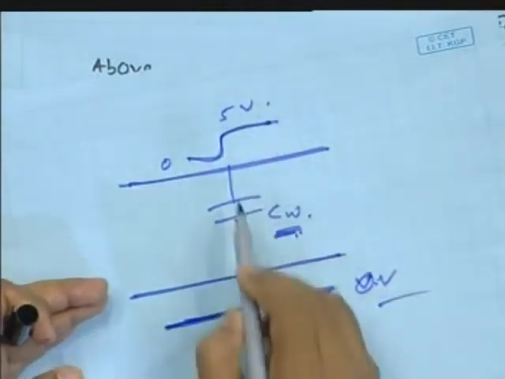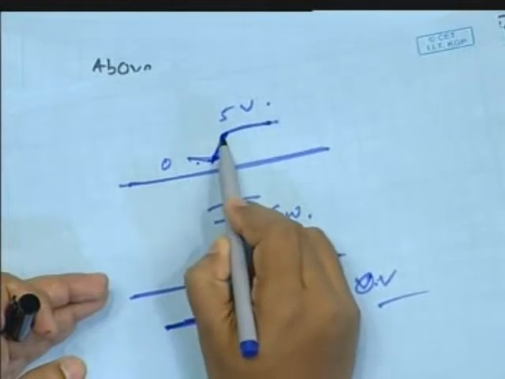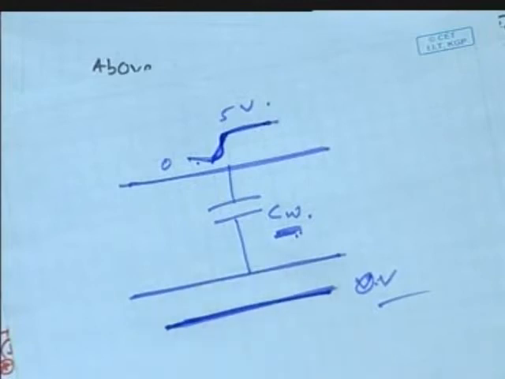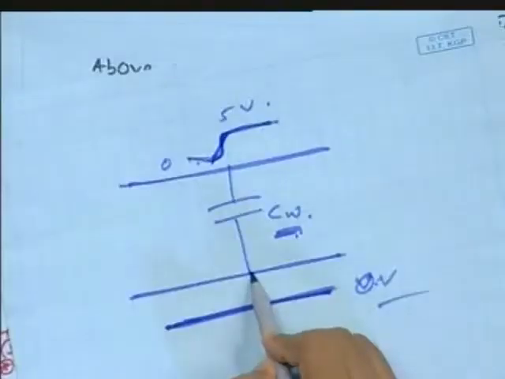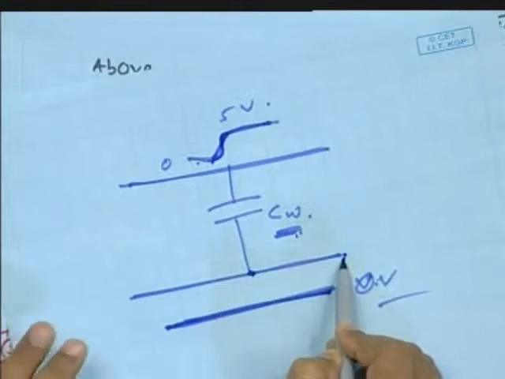The way it changes depends on the slope also; say it is very stiff. Now how will this behave? This node will be charged. This is not a ground, this is just another wire.